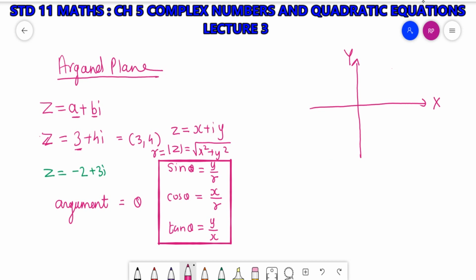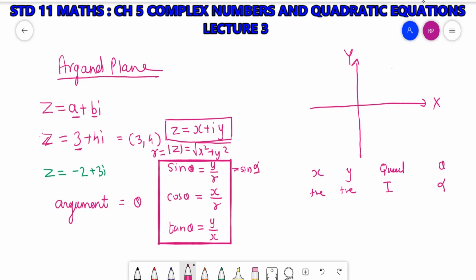Now see, I am taking this z is equal to x plus iy. Okay, now see x y quadrant, and theta. Now see, when x is positive, y is positive, then it will be in first quadrant. So angle theta will be equal to alpha. Right? I am writing here that sine theta equal to y by r, that is equal to sine alpha.